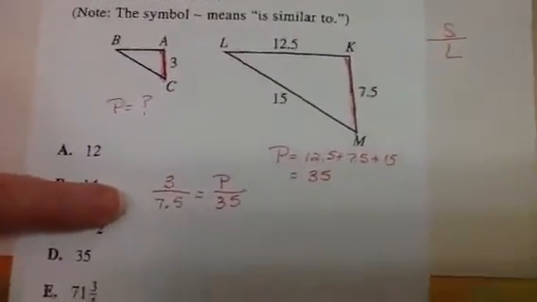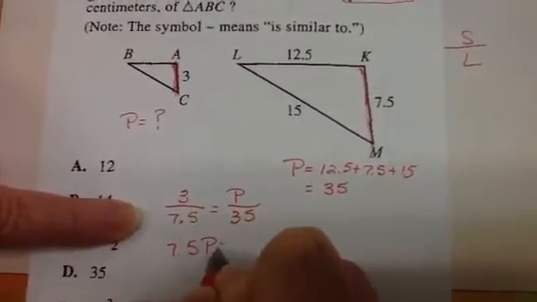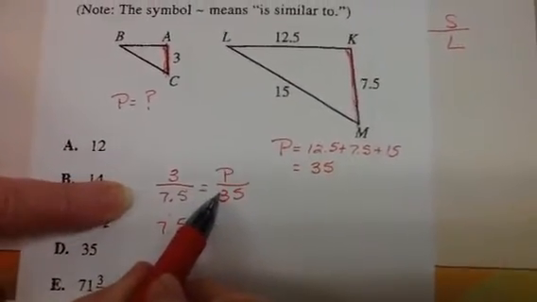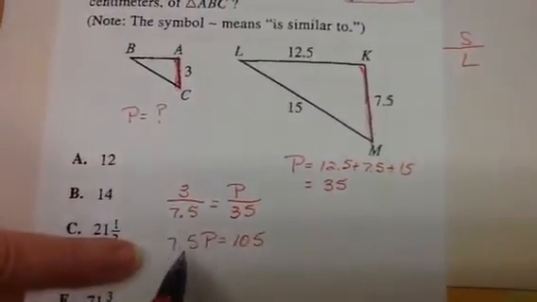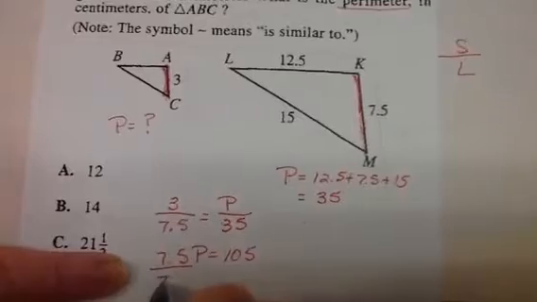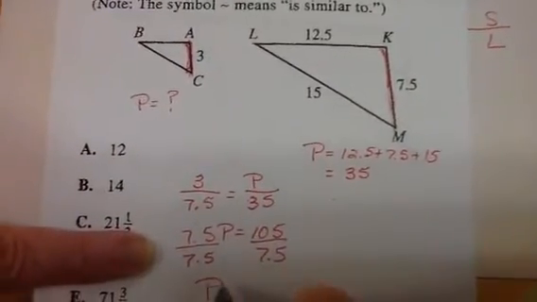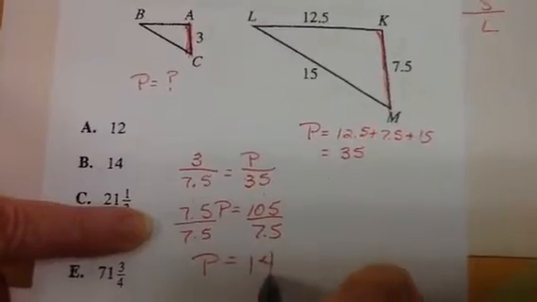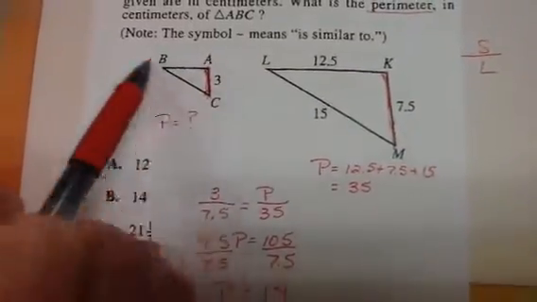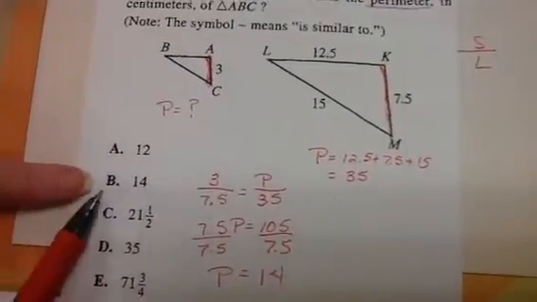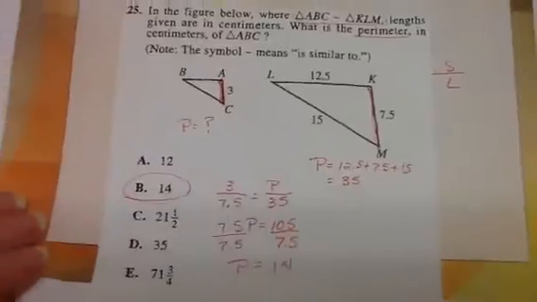When I solve this, I cross multiply. 7.5p equals 3 times 35 gives me 105. I want to solve, divide by 7.5, and I end up with p equals 14. So I have 14 centimeters would be the perimeter of that triangle. And I come here, and B is my answer.